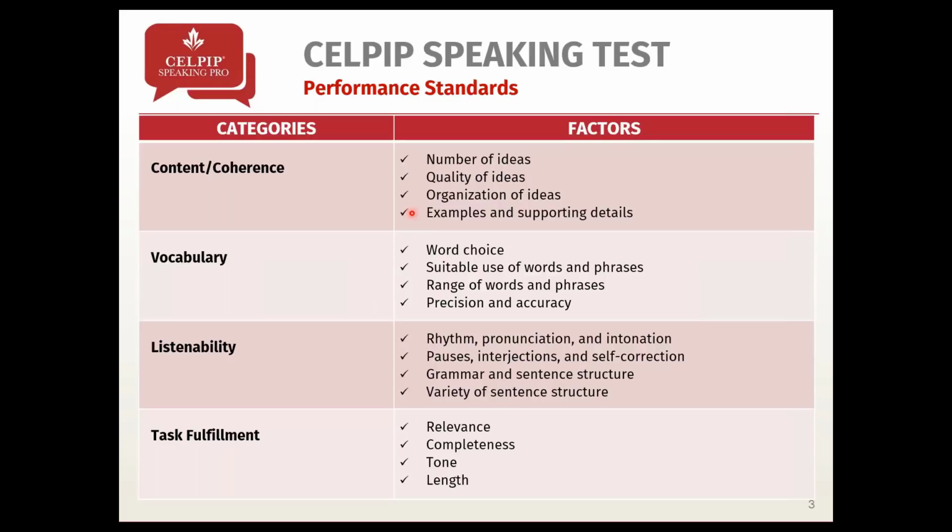So for example, you wouldn't say, wow, the soup was delicious. Oh, the chicken was delicious, right? Don't keep using the same words. You want to use a different set of words. And ultimately, all of the words and phrases that you use should be able to express your ideas with precision and accuracy.